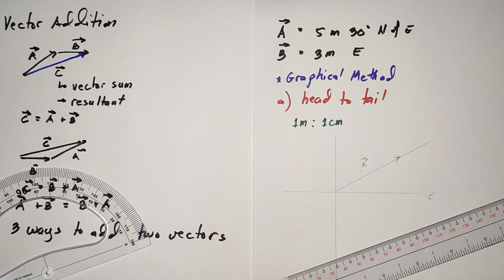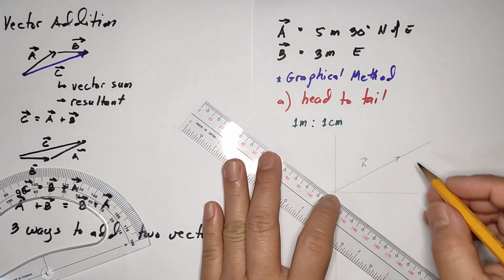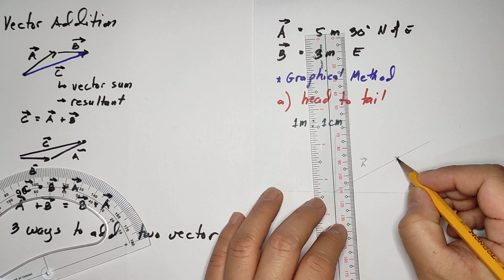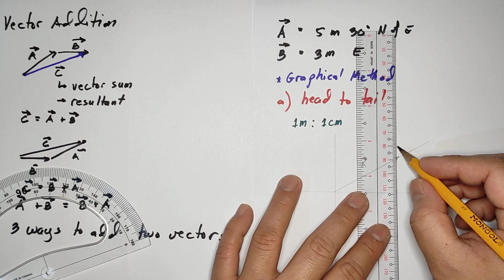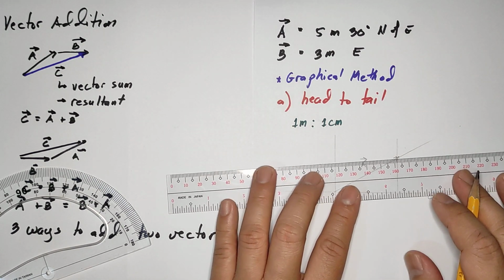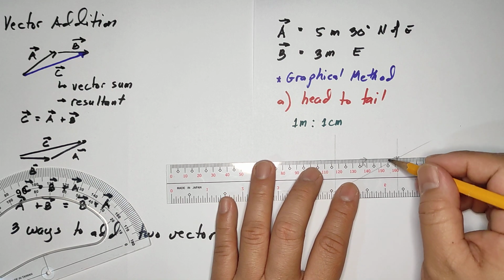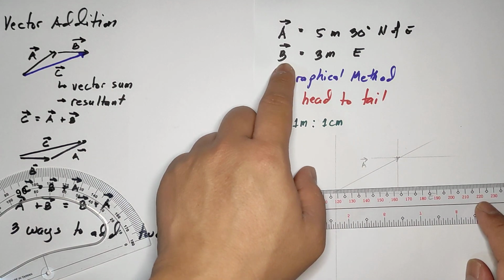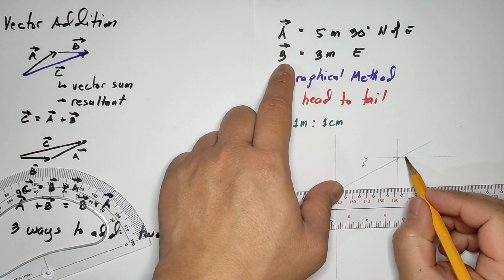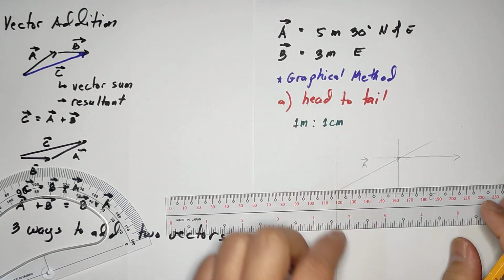Now, for the vector B, at the head of A, we'll create another Cartesian plane, something like that. Then for B, this is going to the east, so it's going to the right.